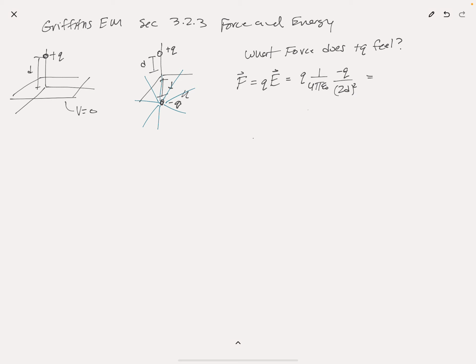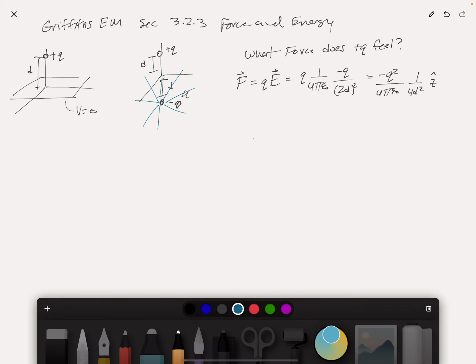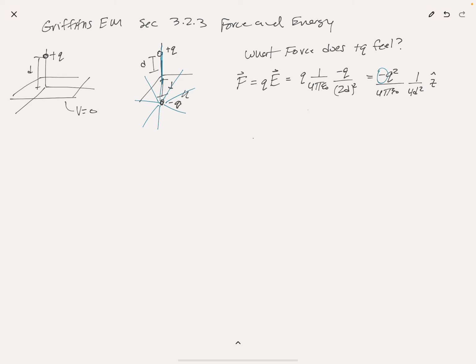That gives us minus q squared over 4 pi epsilon naught, times 1 over 4 d squared, and the direction is going to be z hat. At this point, the field line points along the z-axis. We have a negative sign out front to get the directionality correct, but the field is generally along the z-axis. So we use the method of images to also calculate the force that our charge feels.